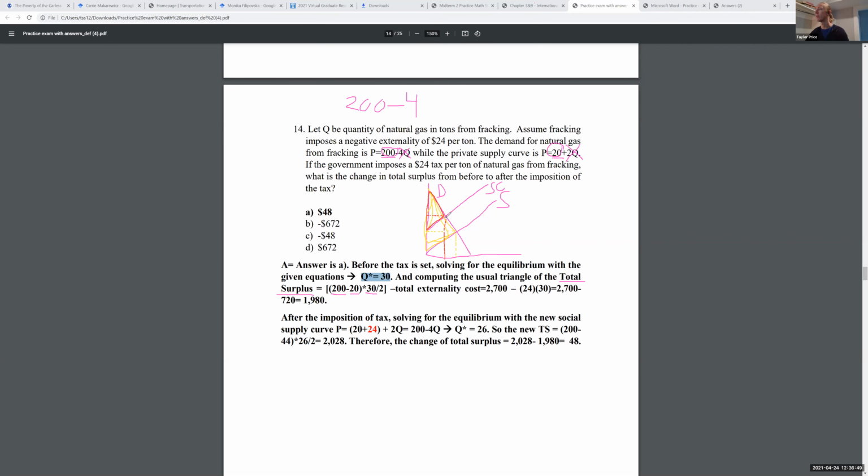So it's still that same triangle. Just the difference is that you're following the shift. So it'll be like basically that normal shift that we thought of in chapter 4 is still applicable to the surplus calculation. Yeah, so this little triangle up here.